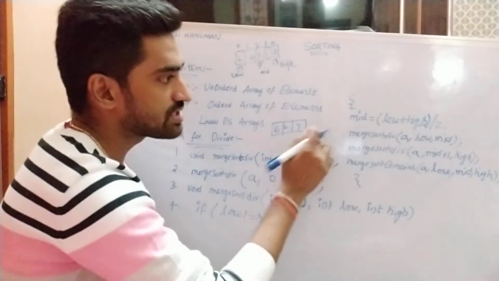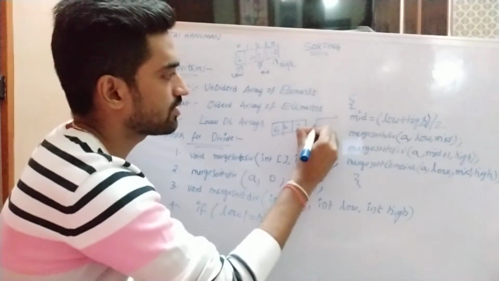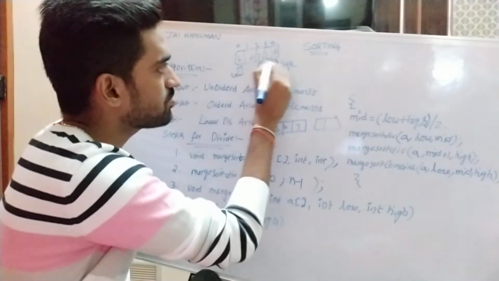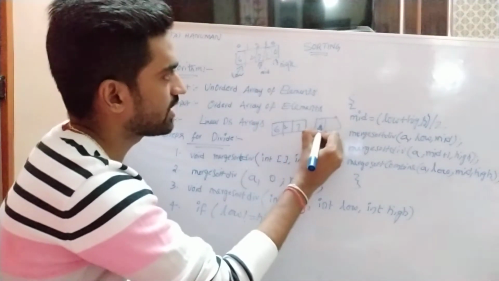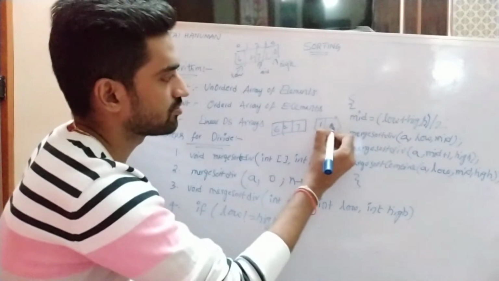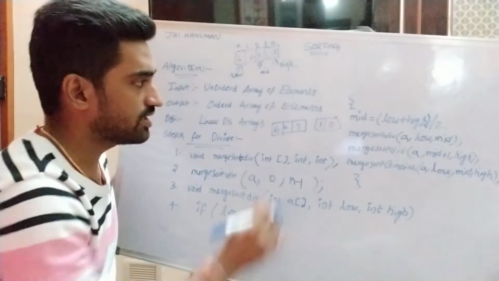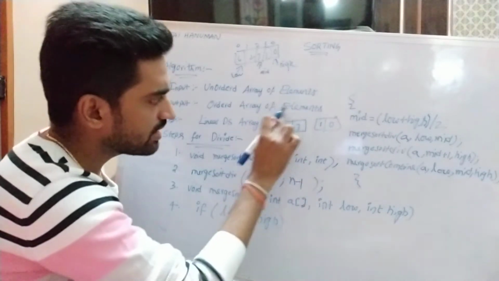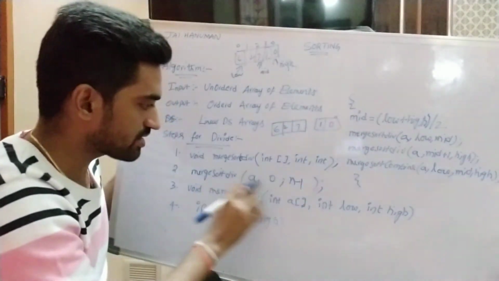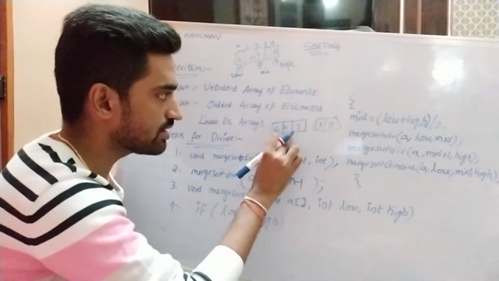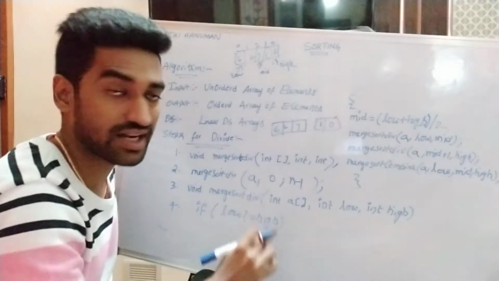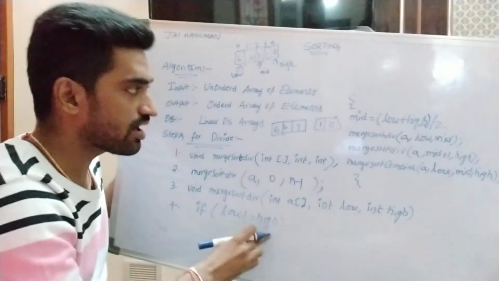This function call is for the right subarray. The right subarray contains mid plus 1 up to high, right? So these are the two function calls. Again this function is recursively called for each and every left subarray and right subarray until low is not less than high.